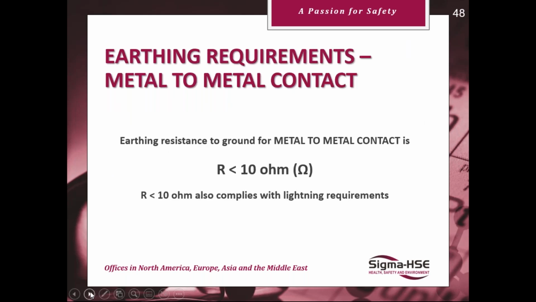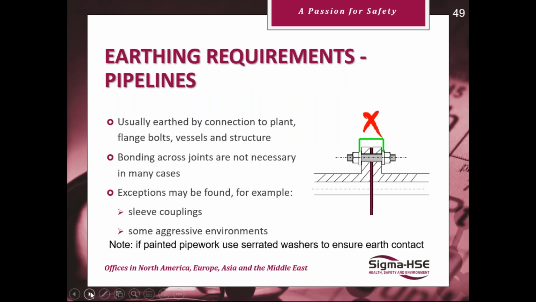Earthing resistance to ground for metal-to-metal contact R should be less than 10 ohms. Also complies with lightning requirements. So this is the figure you should be looking at when you're measuring ground for earthing of all metal plant. So for pipelines, usually earth by connecting the plant together with flange bolts, vessels and structures.